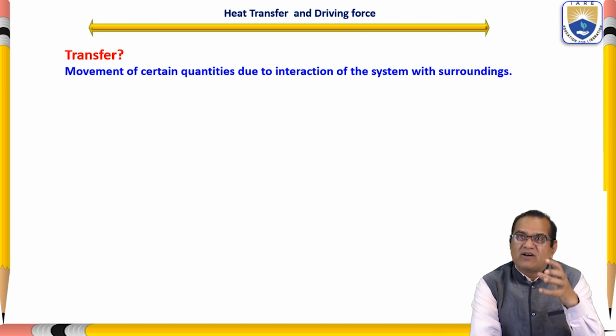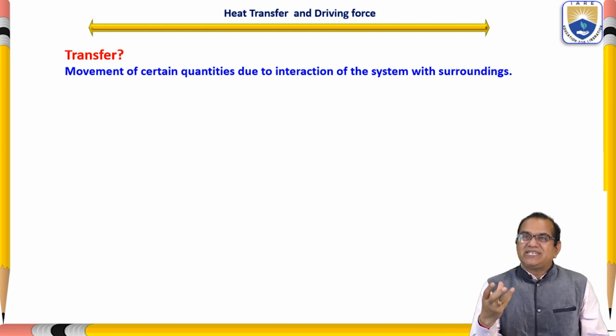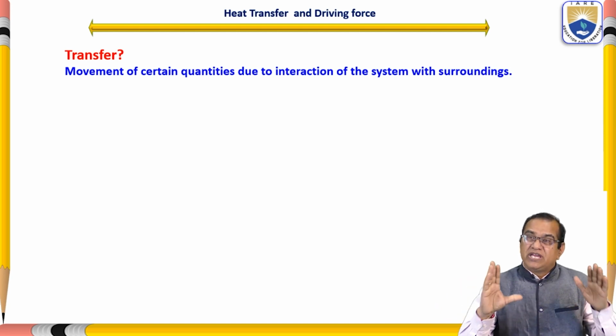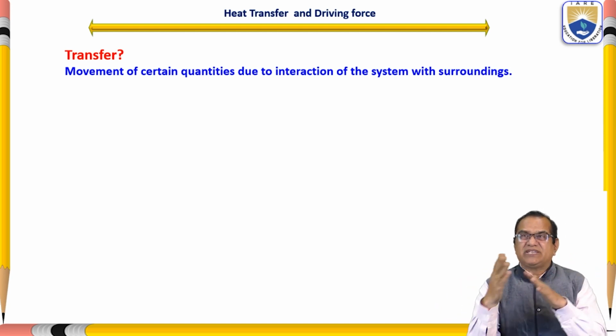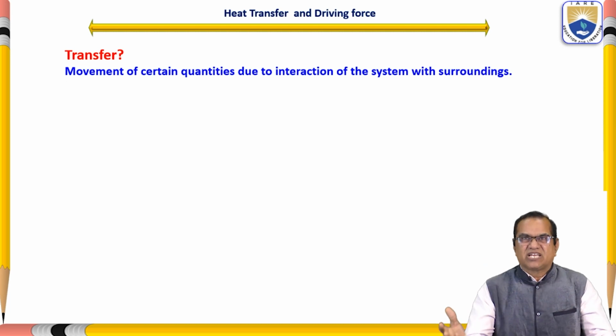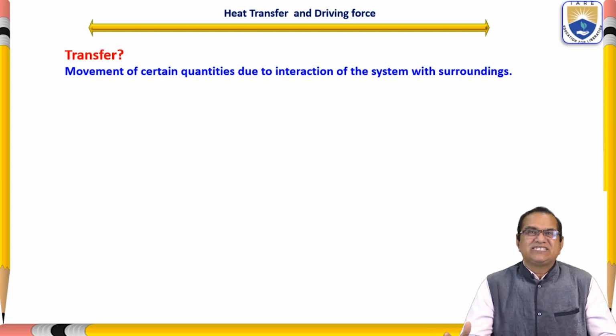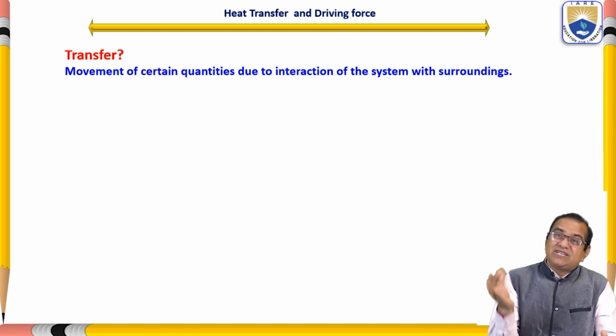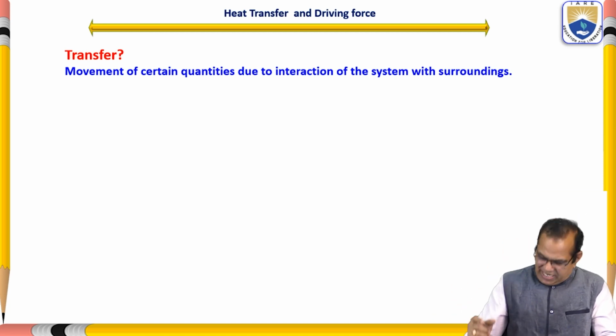These quantities may be heat, work, enthalpy, entropy, temperature, pressure, and many other things. If it is interacting between system and surroundings and movement is taking place, then we say the quantity is transferring.